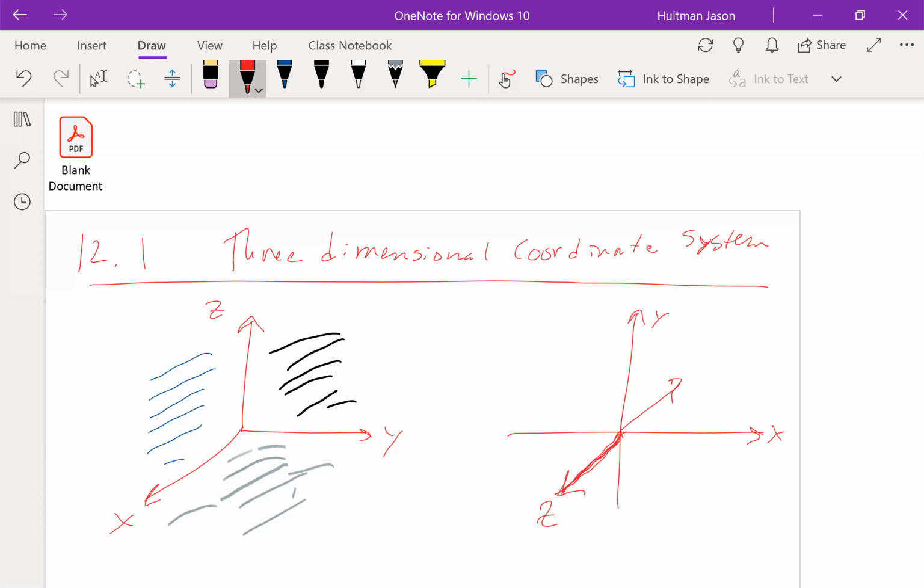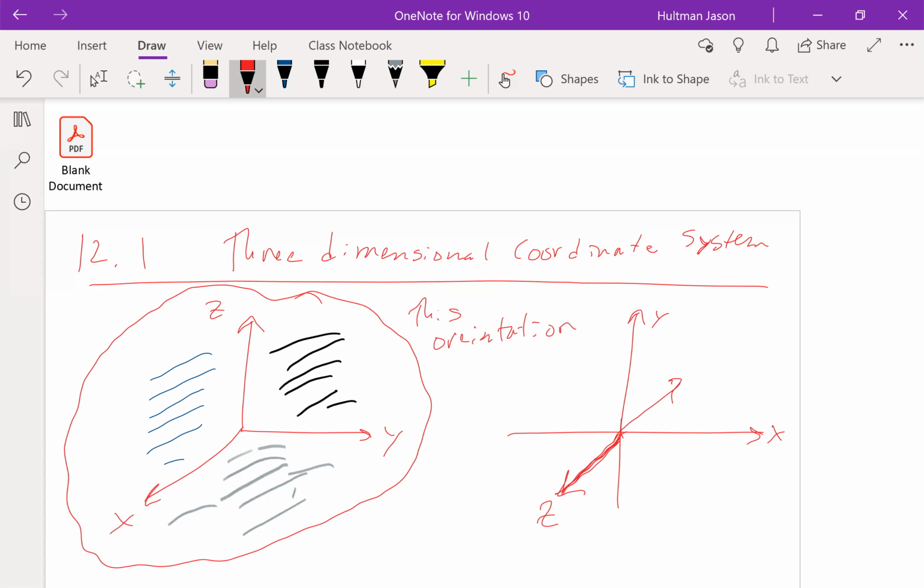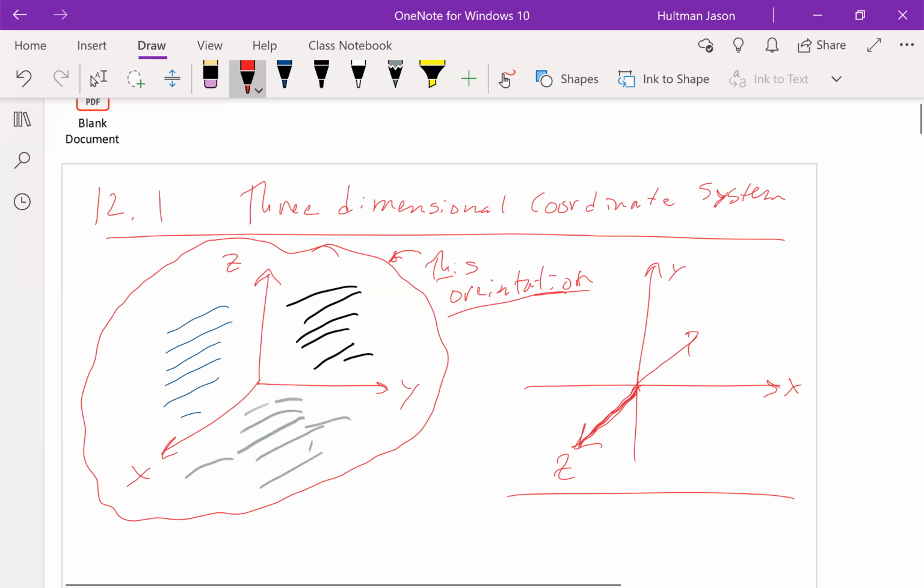We're going to use this first one in this class. This is the one that we will primarily use. We're not going to necessarily use this other orientation unless we start off by graphing something in two dimensions and then have to move it to the third dimension. Then we'll go to this one, but that's very rare.